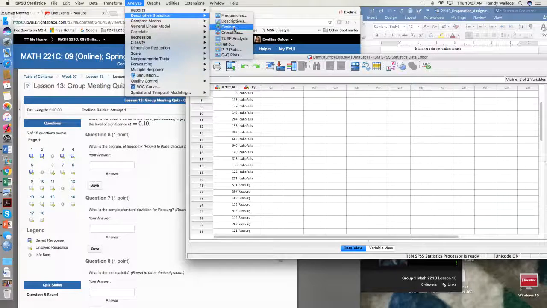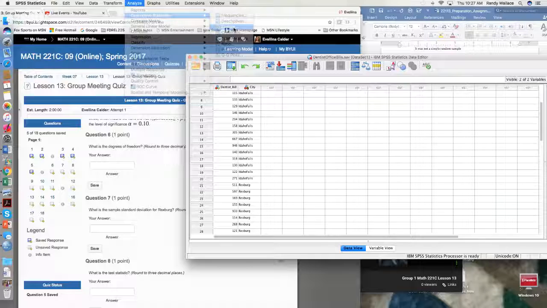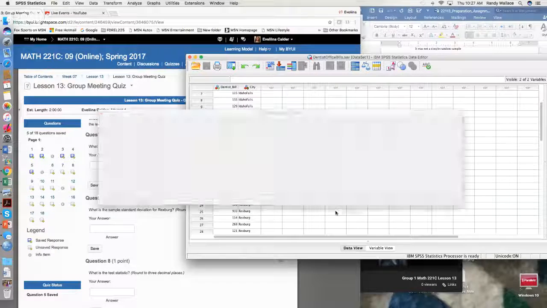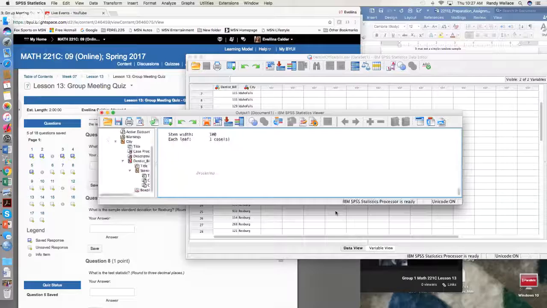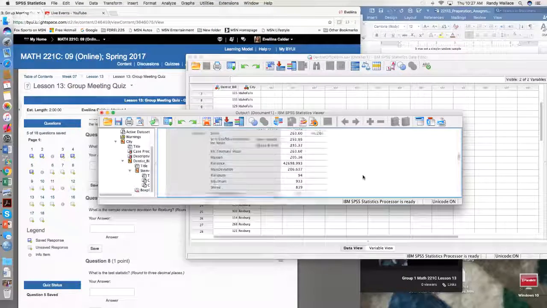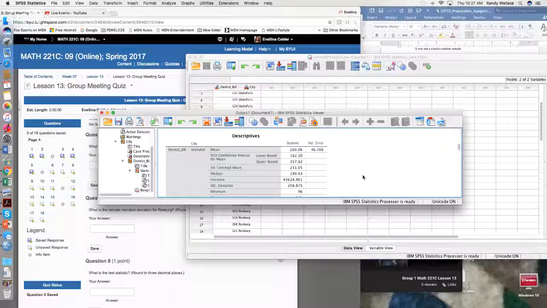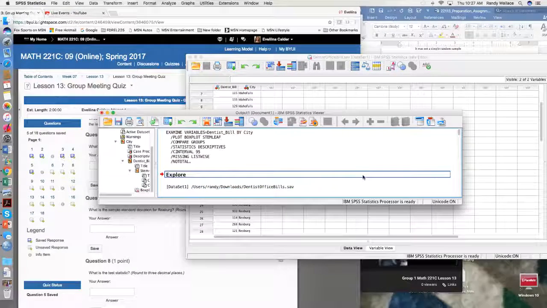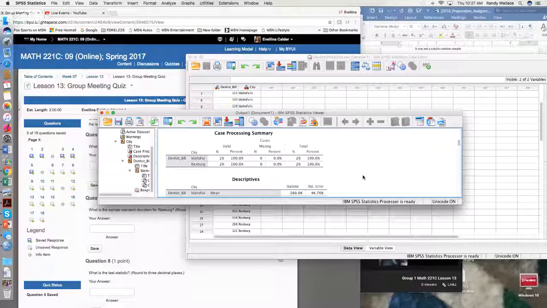That's gonna get us the mean, the standard deviation, and the sample size.